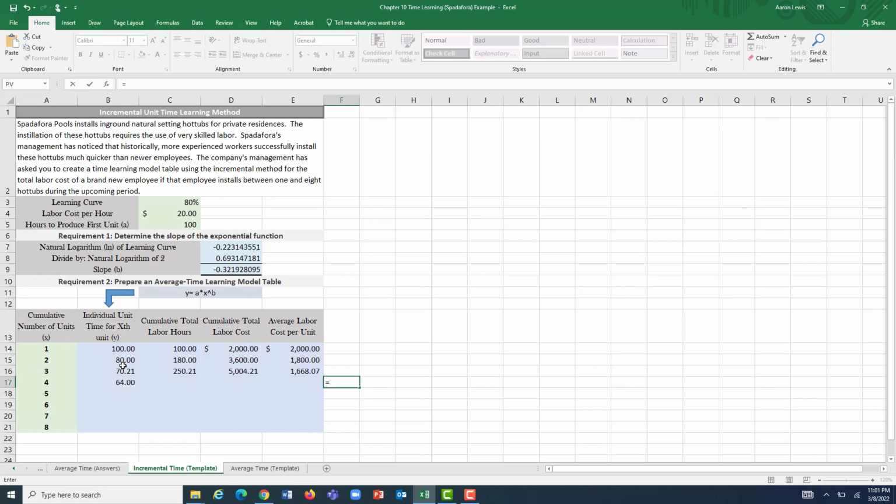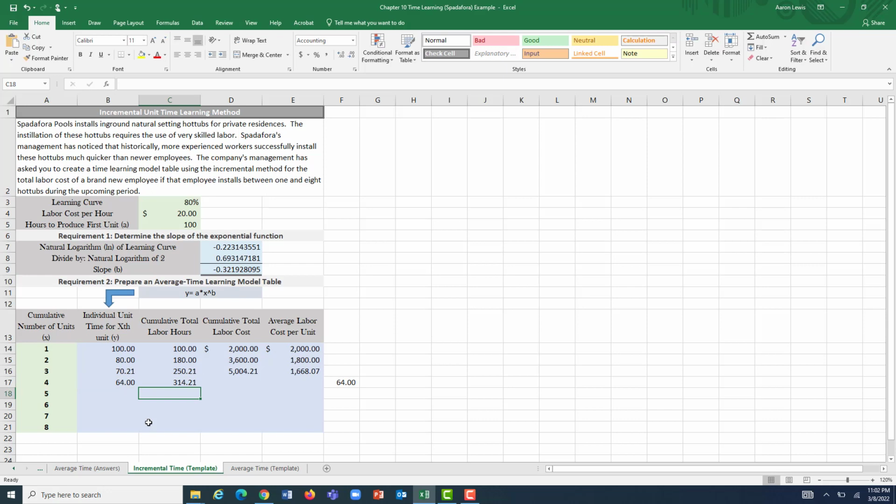Well, what was 80% of what we had before? Before it doubled, it took 80 hours. And if we multiply that by our 80% learning curve, it should take 64 hours for the employee to make the fourth hot tub, and indeed it did. So how many hours in total will our employee have worked, if we add the 250.21 we had before plus the 64 that it's taking to install the fourth hot tub?